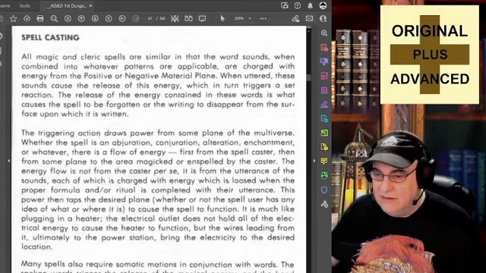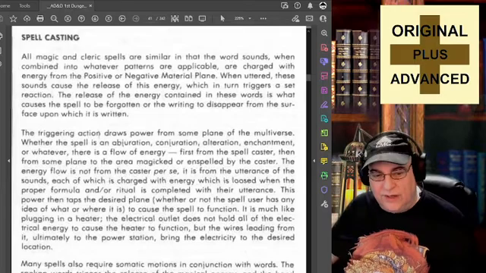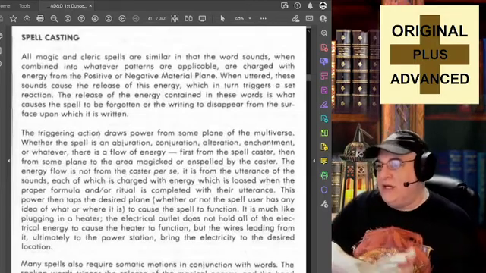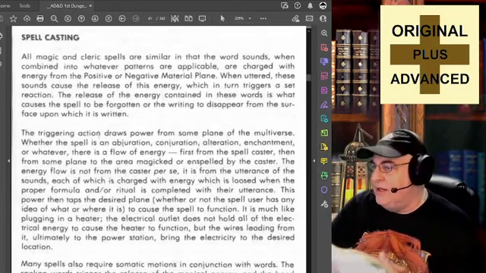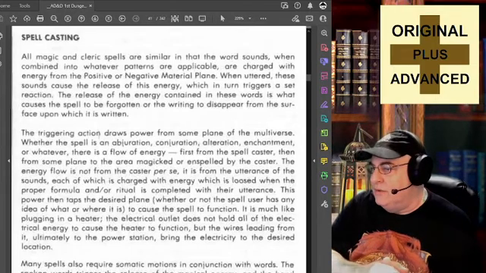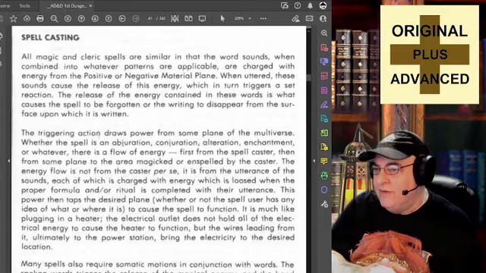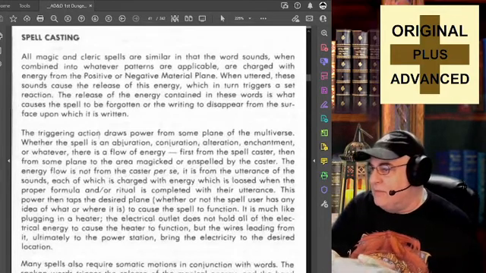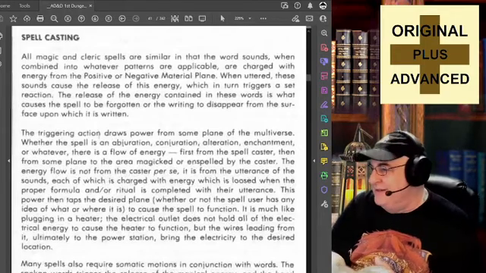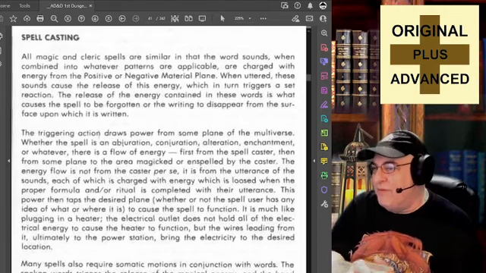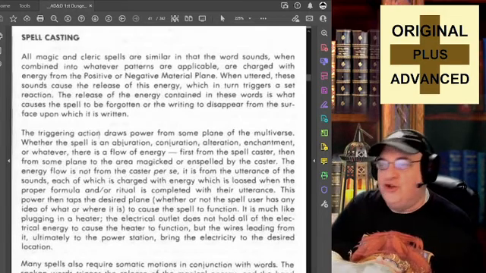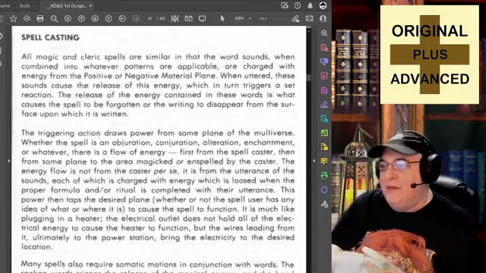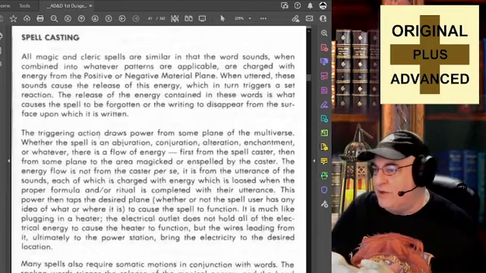Spellcasting. I'm going to slide this over to the other screen for me, but look the same to you, I think. All magic and cleric spells are similar in that the word sounds, when combined into whatever patterns are applicable, are charged with energy from the positive or negative material plane.